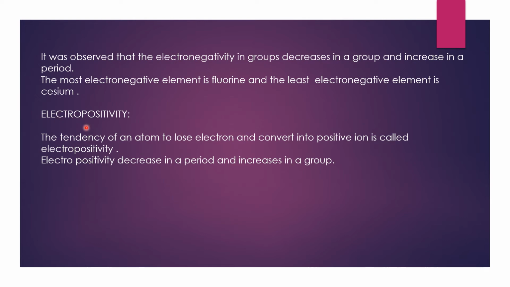Next is electropositivity. The opposite of electronegativity is electropositivity, that is, the tendency of an atom to lose electrons and convert into a positive ion. The tendency is opposite to electronegativity, so electropositivity decreases in periods and increases in groups. The first group of elements have more electropositivity.